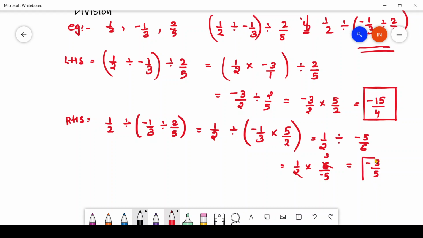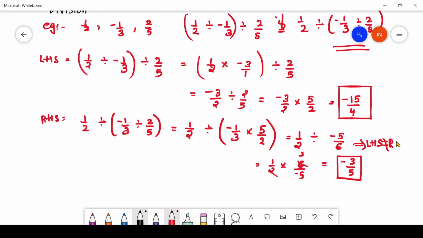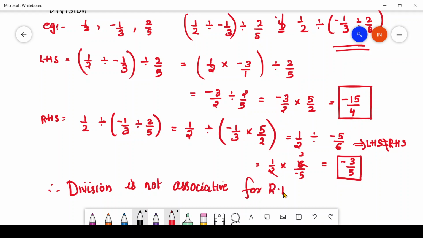Are these two equal? No. We can conclude here LHS is not equal to RHS, and therefore we can say that division is not associative for rational numbers, right?